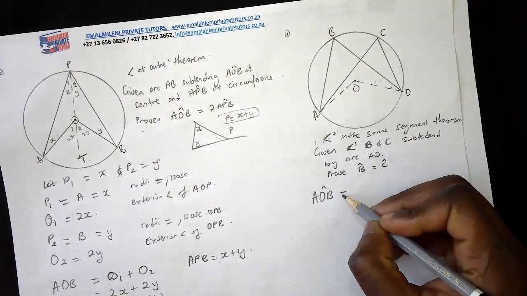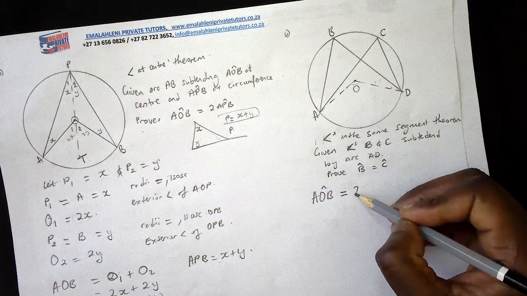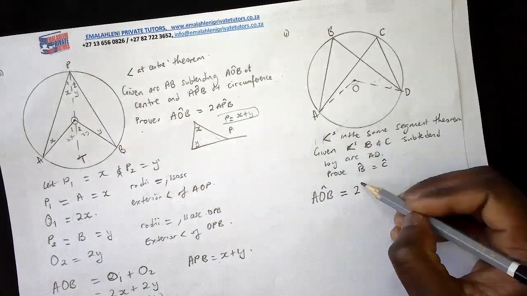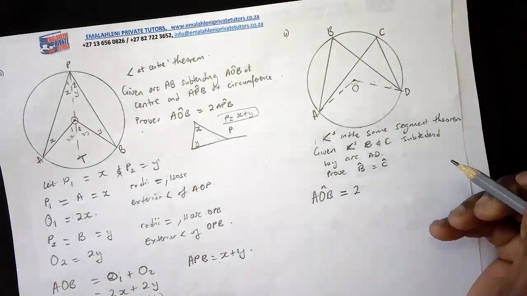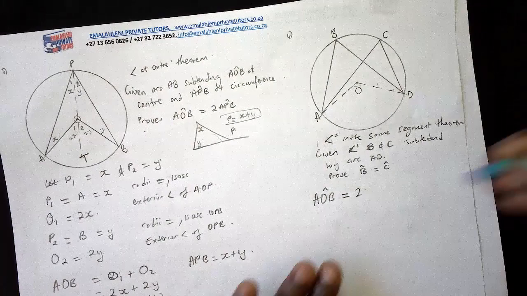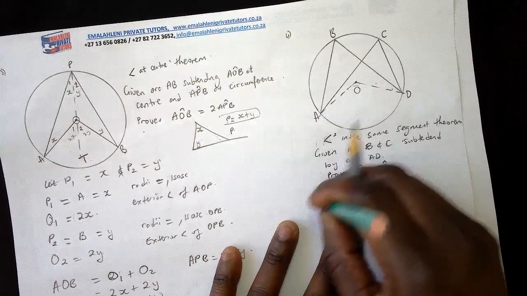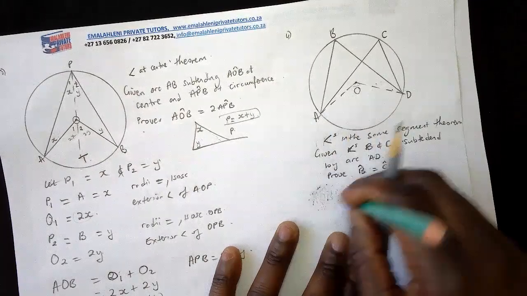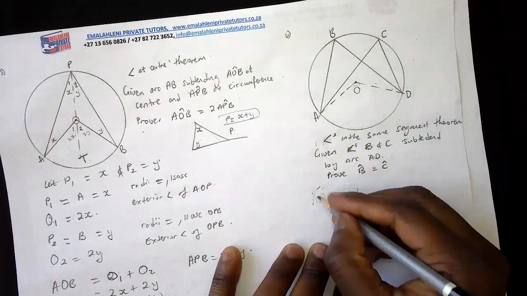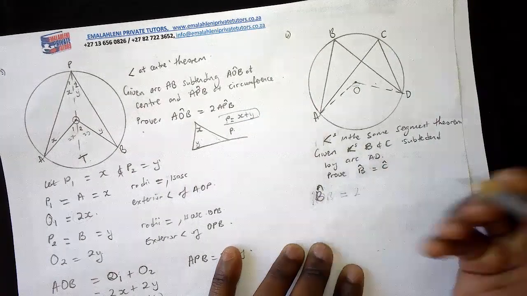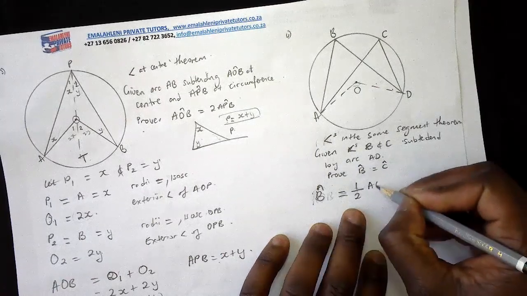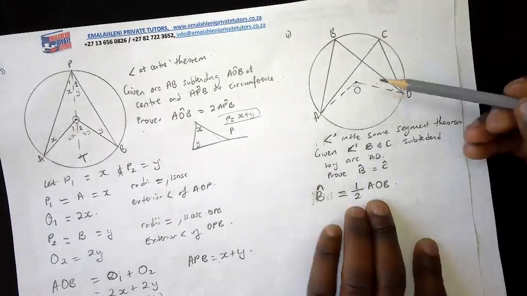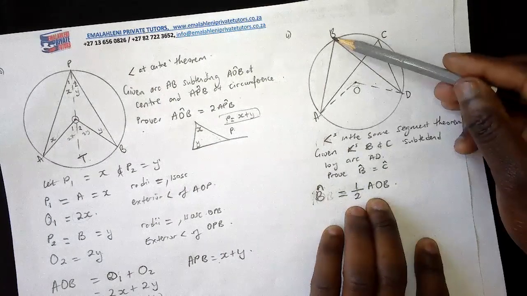should be equal to 2 times, sorry, angle B is equal to half of AOB, because we know that AOB is twice B. That's what we know.